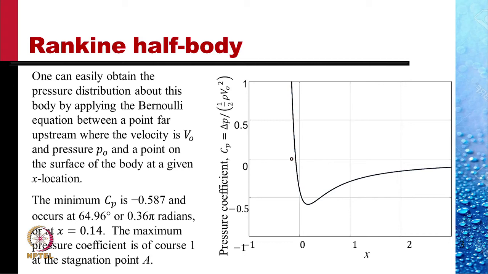The minimum pressure coefficient Cp is minus 0.587 and occurs at theta equal to 64.96 degrees or 0.36 pi radians, that is at x equal to 0.14 in this picture. The maximum pressure coefficient, of course, is 1, which occurs at the stagnation point A.